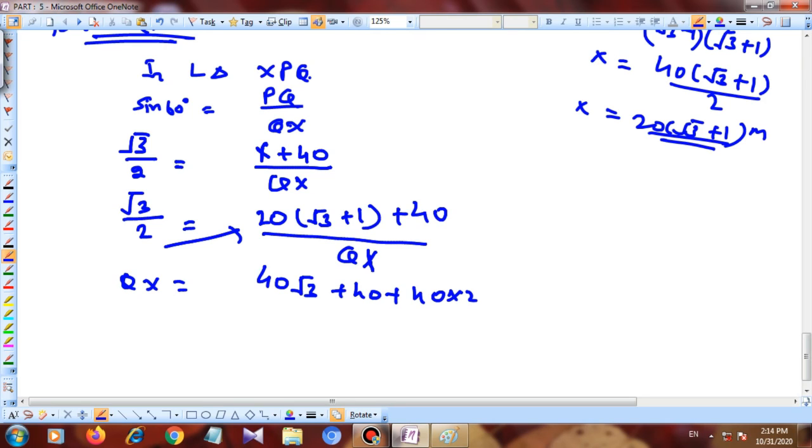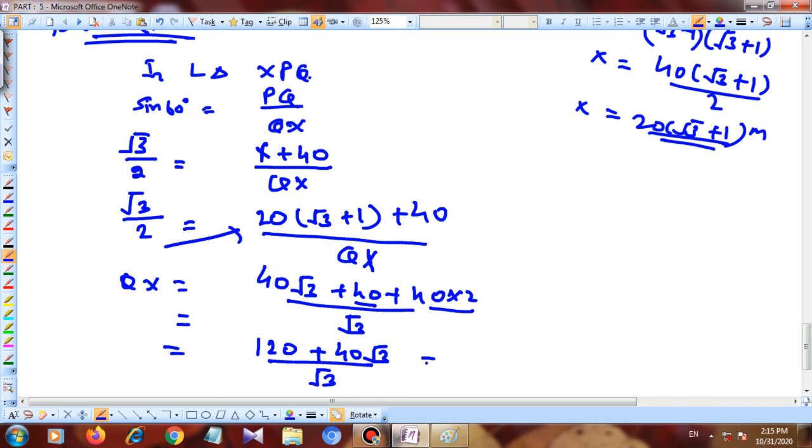So this is 80 and 40, so it will become how much? 120, and this root 3 goes under this, so you will get 120 plus 40 root 3 upon root 3, right?